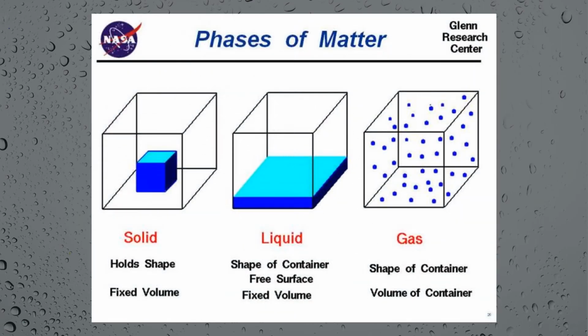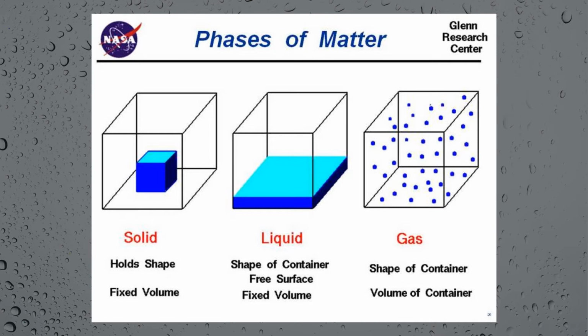How are these three states of matter different from one another? Look at the three containers. It contains a solid, liquid, and gas. The cube inside the first container, which is solid, holds shape, and it has a fixed volume.